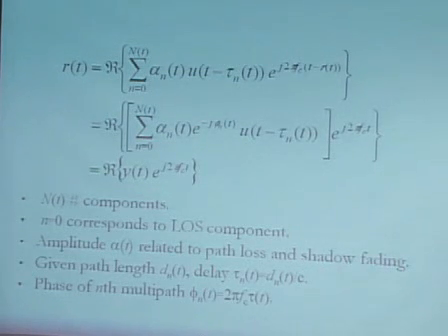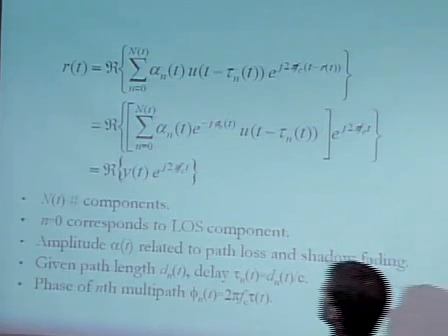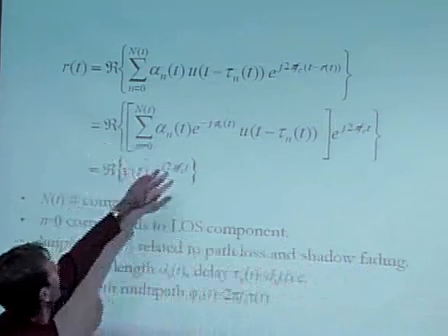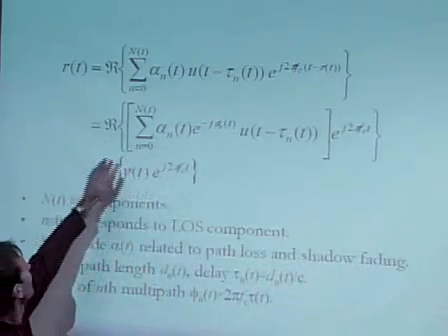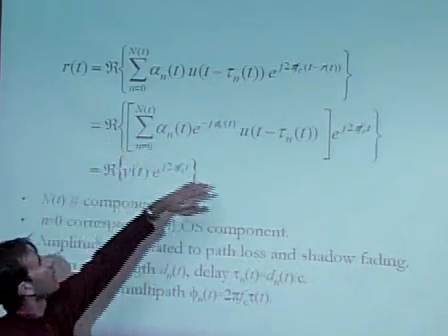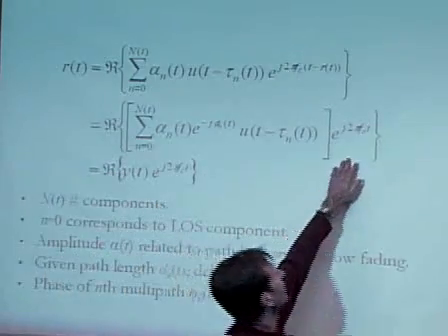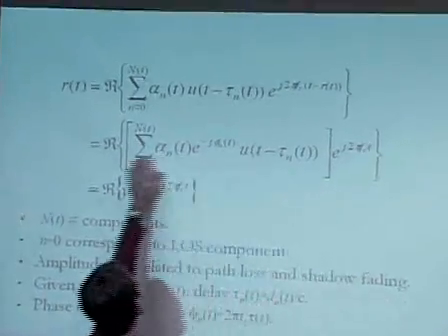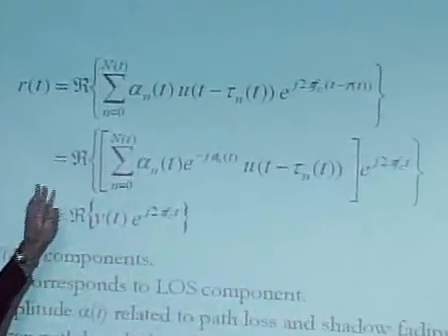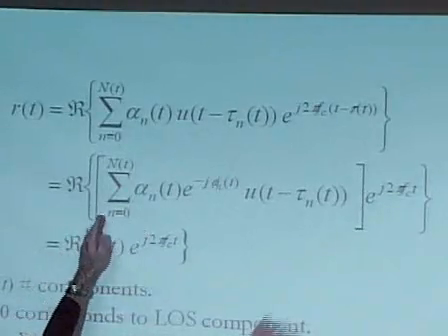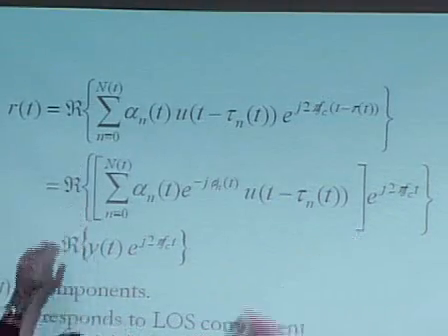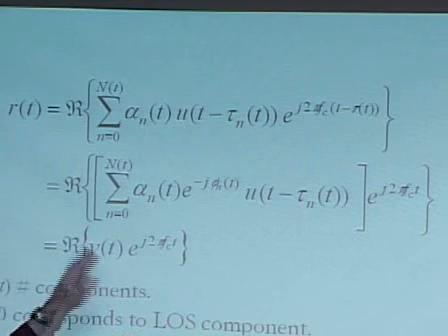That's common to everybody, so we can just take it out. And what we have is a typical low pass to pass band equivalence. We have the real part of something times e to the j 2 pi fct. So that's a pass band signal whose low pass equivalent is what we have in the brackets. What we have in the brackets, we call y of t.